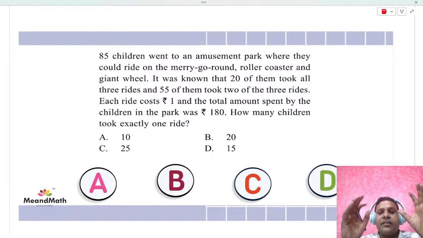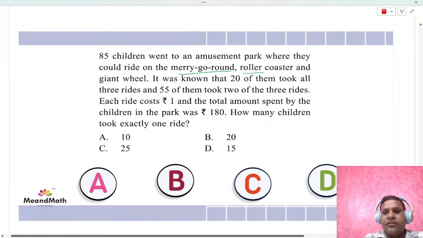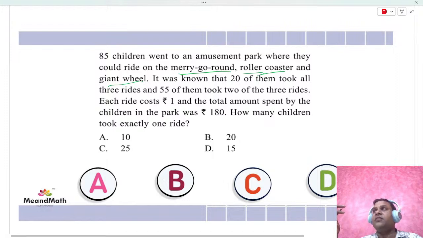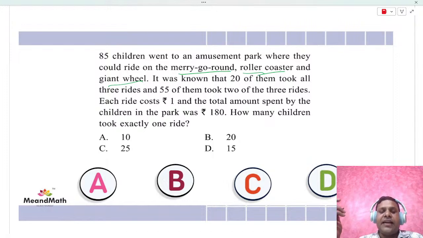Now, it was known that 20 of them took all three rides, 55 of them took two of the three rides, and each ride cost 1 rupee, and the total spend amount is 180 rupees.